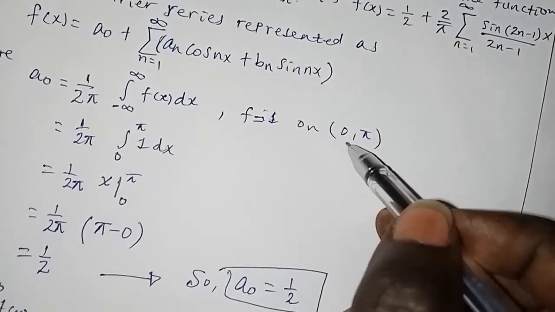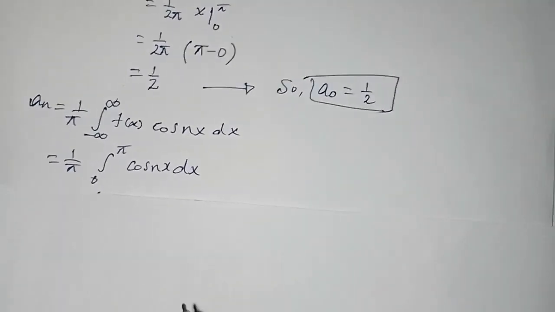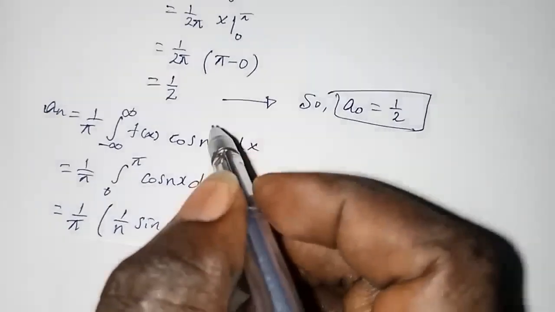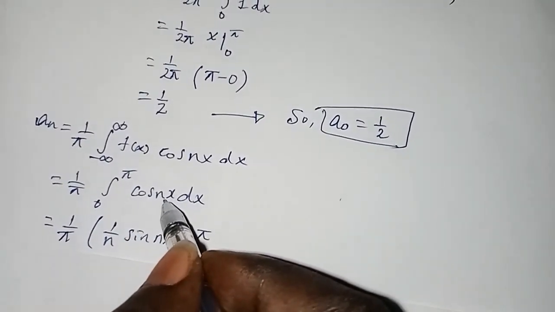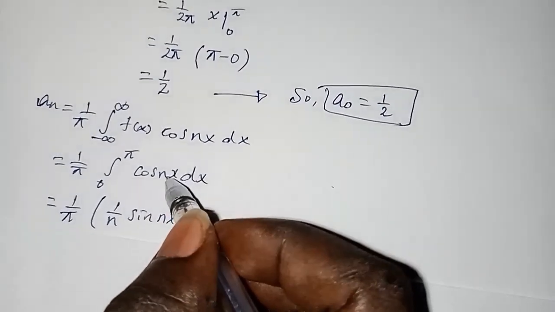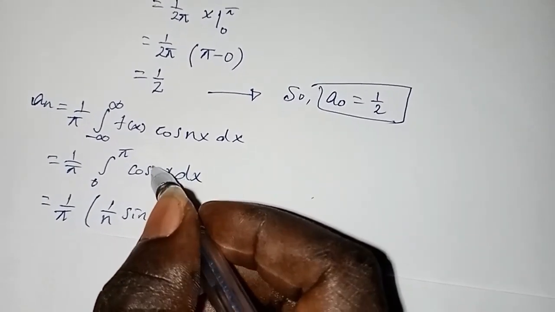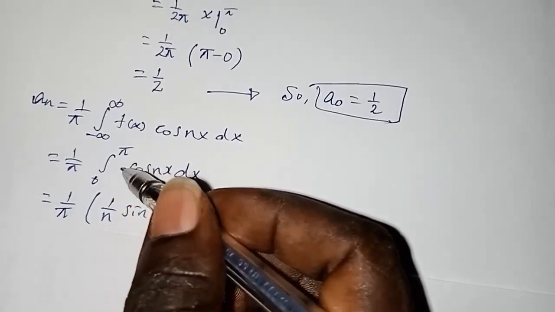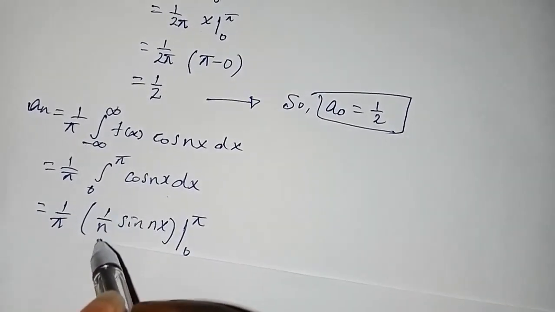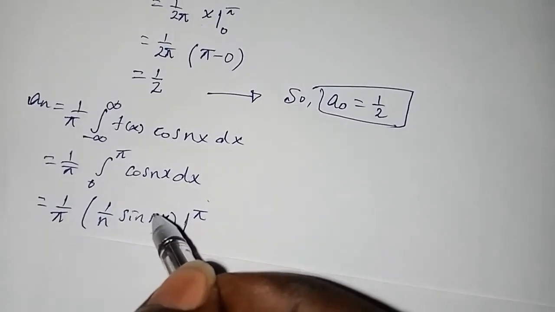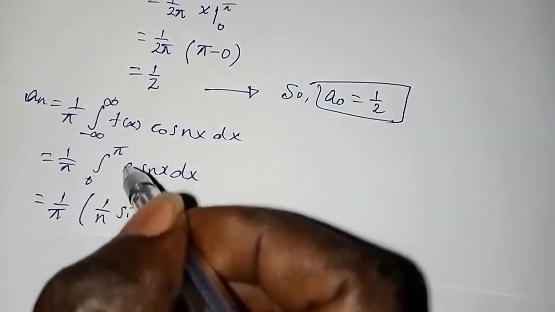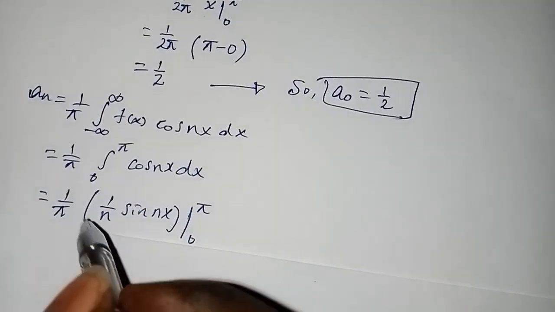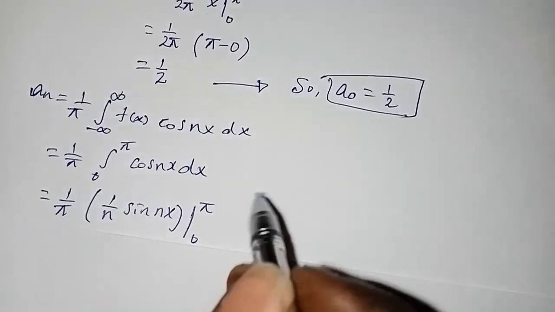Our domain is between 0 and pi, so it is 1 over pi, the integration from 0 to pi of cos nx. For the integration of cos nx we can use the chain rule: the derivative of nx with respect to x is n, so the integral is 1 over n times sine of nx, with the coefficient 1 over pi as it is, from 0 to pi.